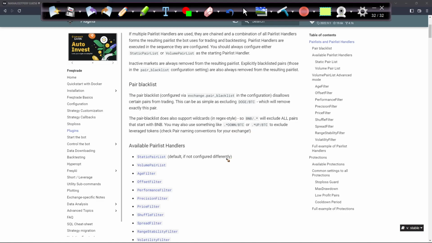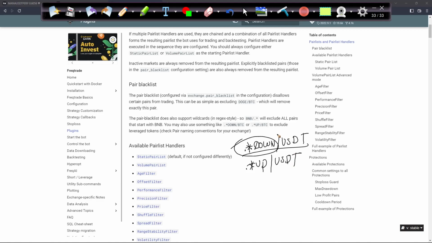So these are leverage tokens, up and down. What we can do is use a regular expression here with USDT, so it will filter out all these up or down pairs, because leverage tokens are not that stable.